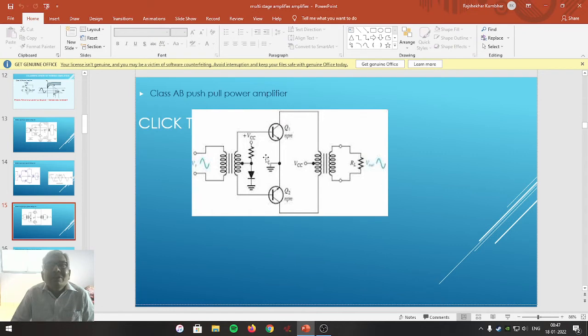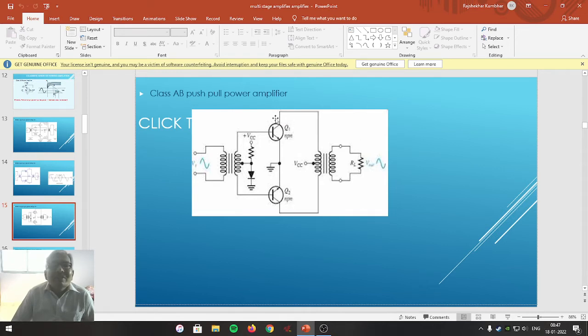Due to this DC bias provided to the base of both the transistors via the secondary winding of the driver transformer, both the transistors conduct and allow collector current to pass at the output in less than the positive half cycle and also less than the negative half cycle. This will avoid the crossover distortion.